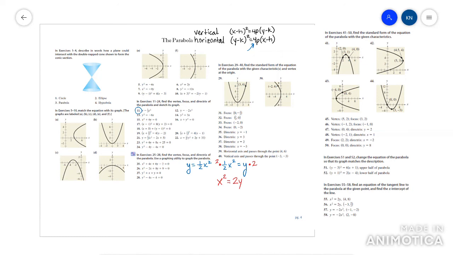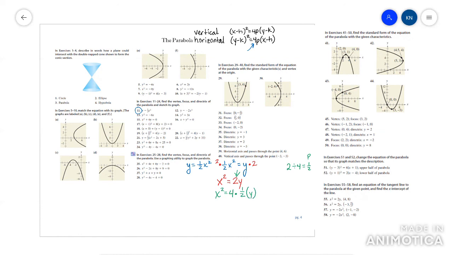Now, where I'd go from here is, just like before, take this number in front of the y, 2, and divide it by 4 to get my p-value. So you could really think of this problem as x squared equals 4 times 1/2 (y). You have to be able to rewrite it like that.